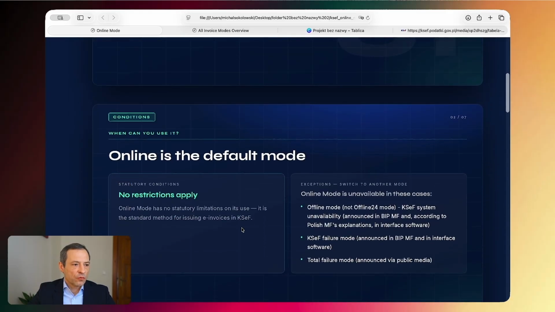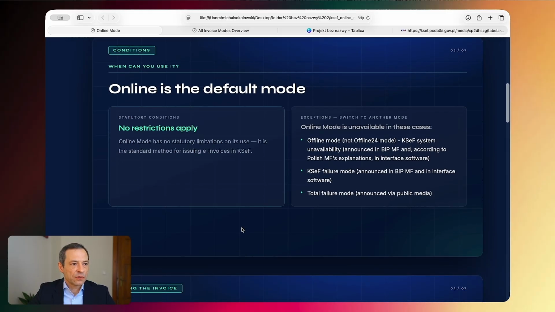First of all, when it comes to the question of when the online mode can be used, from the Polish Ministry of Finance's point of view, there are no statutory limitations on the use of the online mode, so the online mode is the default mode.